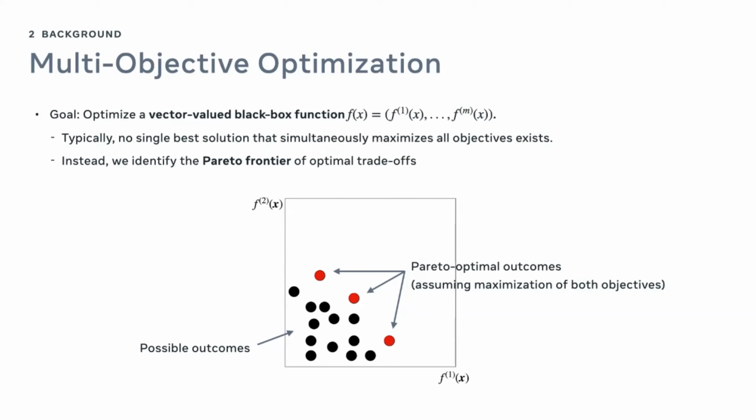In case we're maximizing here, we have a set of possible outcomes, this two-dimensional outcome space in this example. We get the Pareto Frontier, which is essentially the set of points that can't be improved upon in one metric without hurting the other metric. So there's a discrete approximation of the Pareto Frontier in this case, and that's what we're trying to explore.